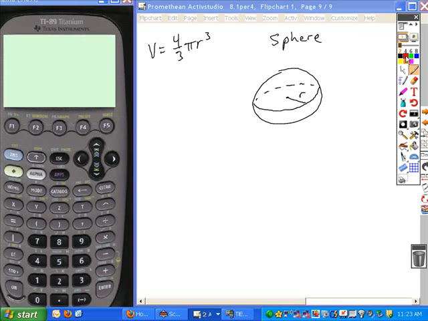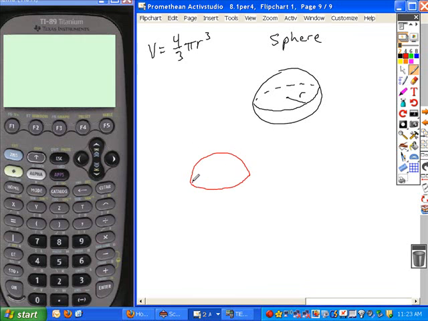So the only variation off of this that you might see would be if you had half of a sphere, or a hemisphere. The volume for the hemisphere would simply be the fraction of 1/2 of whatever the volume for the sphere would have been, 4/3 pi r cubed.